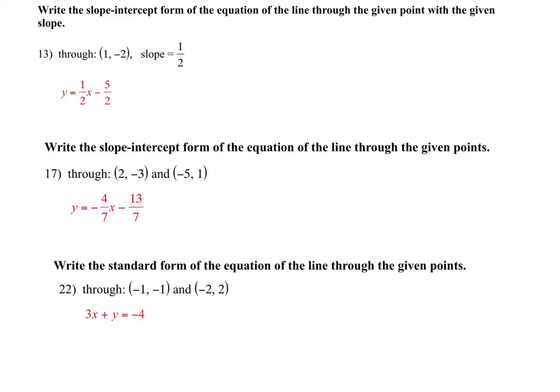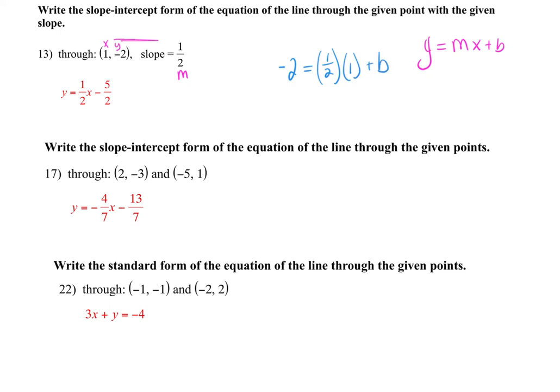Okay, on this page, it is wanting us to write different forms of lines. So the first one specifically is saying to write it in slope-intercept form. So you want to make sure that you pay attention to what it's asking you and which form it wants it in. So if it says slope-intercept form, it wants it in mx plus b. They have given you the m, they have given you the x and the y. So you can use the first method here by just plugging in your y equals your m times your x plus your b.